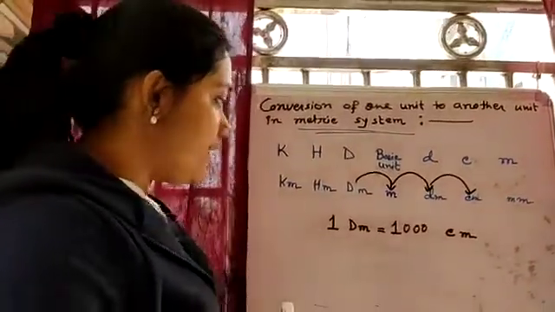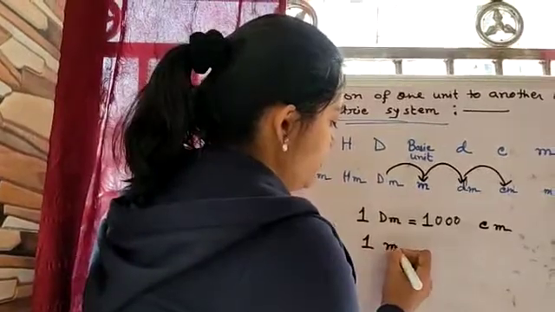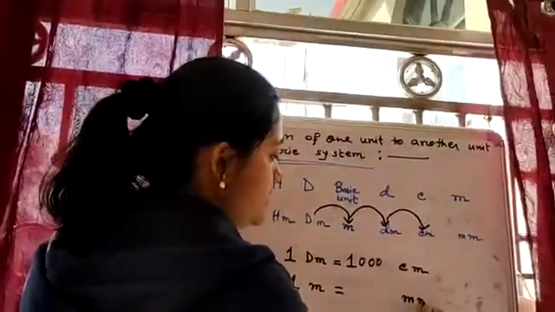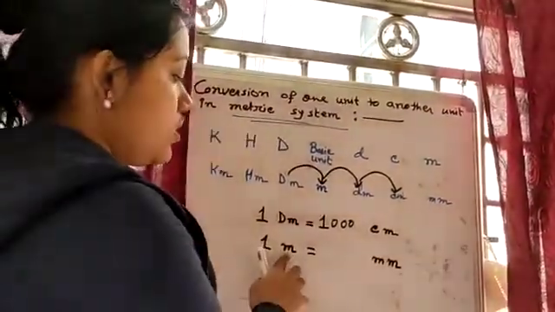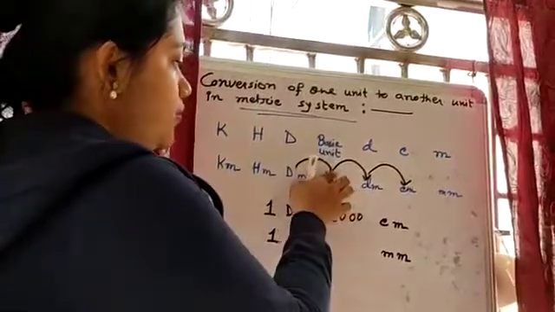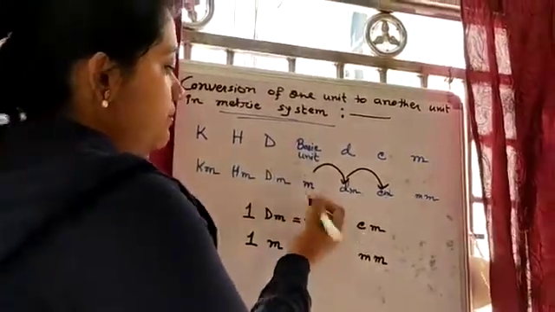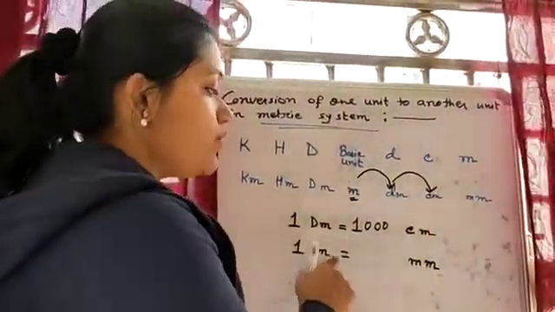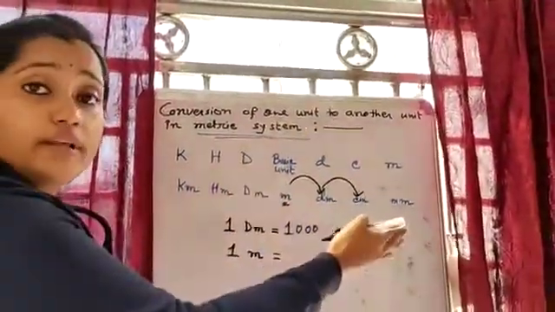Now suppose the next question I ask you: 1 meter equals how much millimeter? So where are we standing? We are standing at meter. You need to mark it first. And where do you want to go? We want to go to millimeter. Is it higher unit to lower unit?